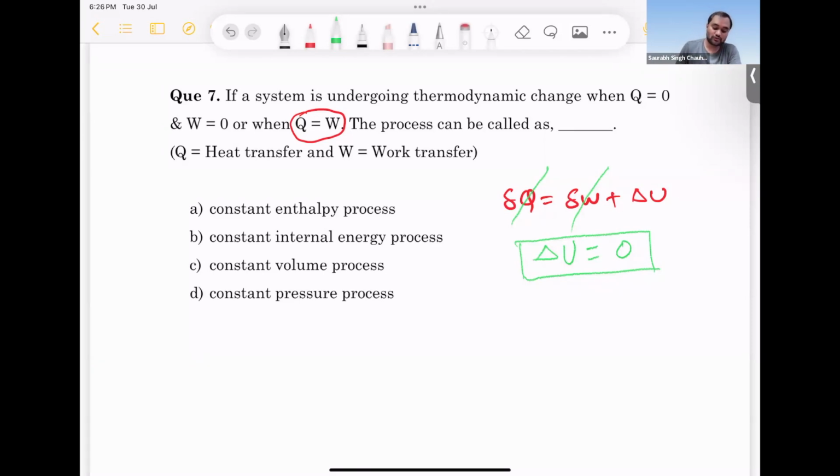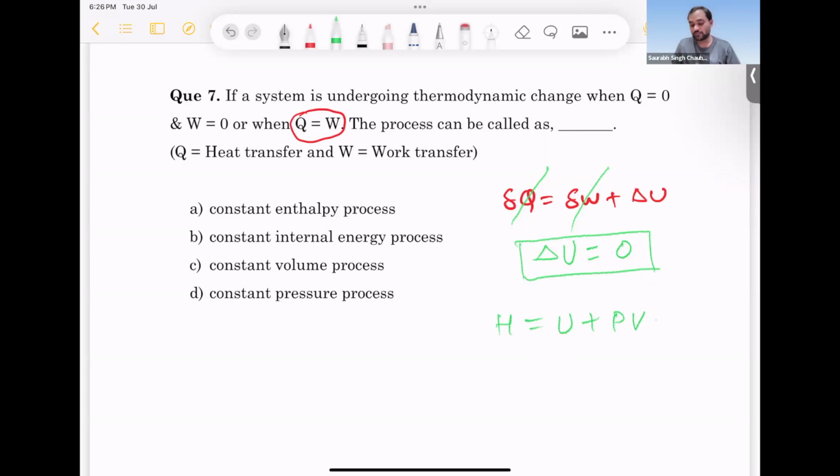So what are the options? Let us see. The first one is constant enthalpy process. No. Actually, the first one can also seem correct, because enthalpy is defined as U plus PV. Delta U is not changing, U is constant.